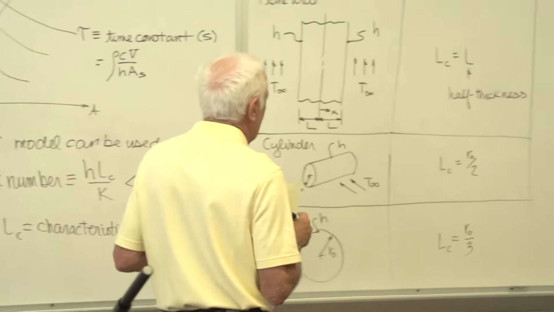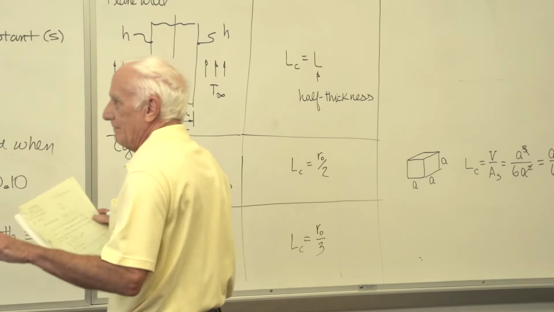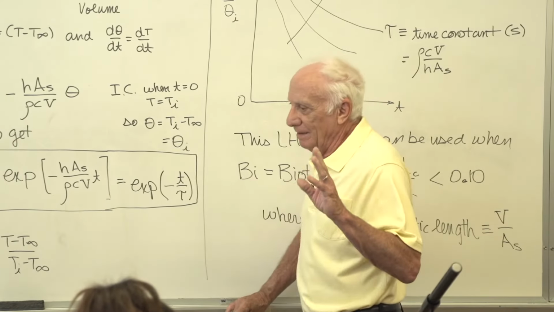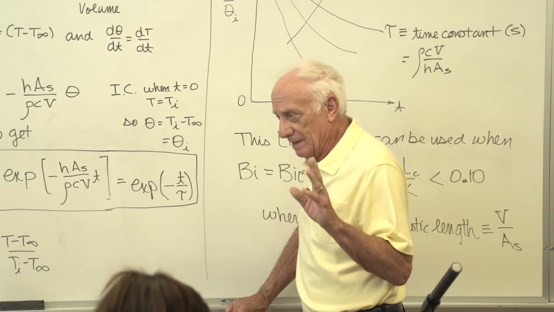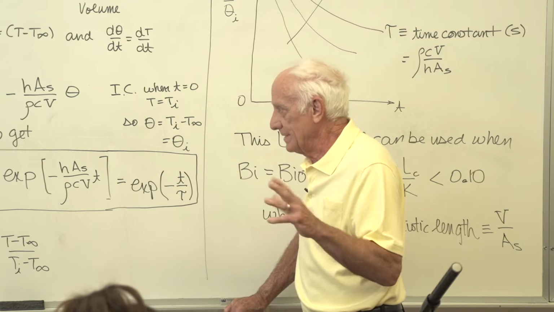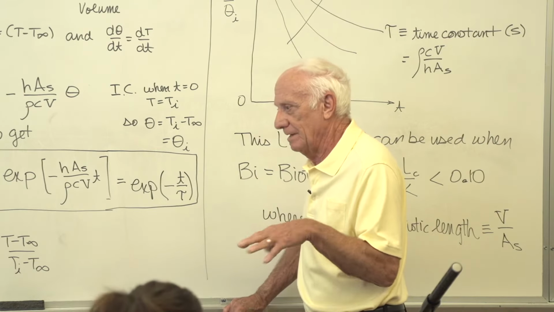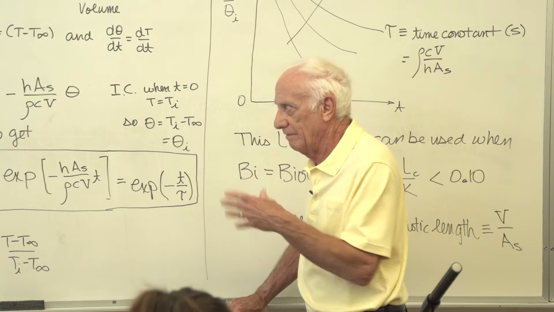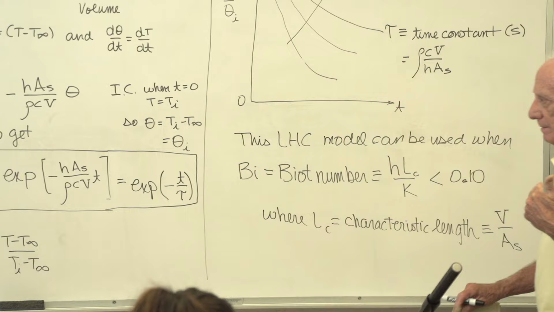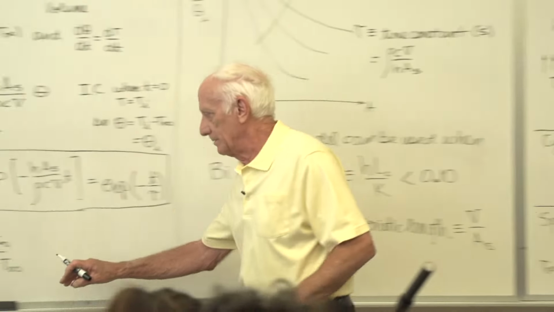All right, well, that's kind of half the story. The full story is once we get the temperature of an object, whether its temperature is a function of geometry or of time, the second thing is to find out how much heat transfer has occurred by convection, or how much energy the body has lost by convection.